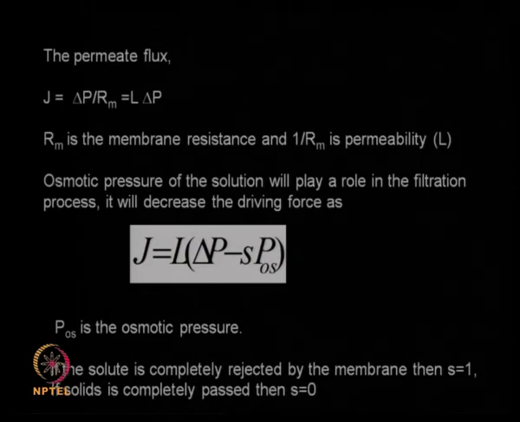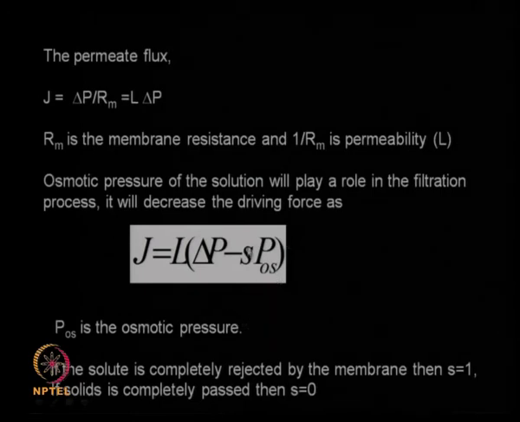So, it is going to reduce the driving force. In that situation the driving force will get changed here. So, the flux will be equal to the permeability multiplied by delta P minus S times POS. POS is the osmotic pressure and S can take a 0 or 1 value.